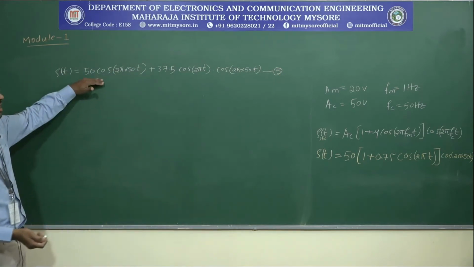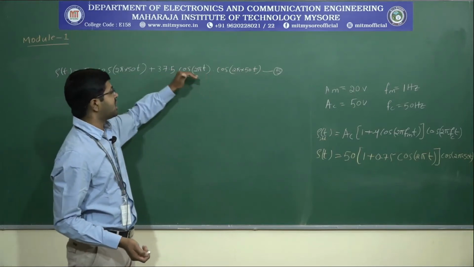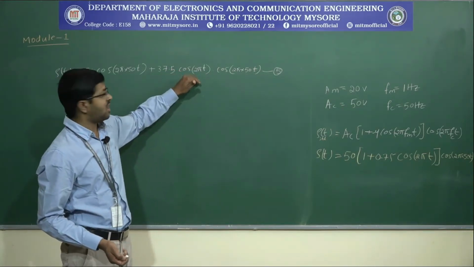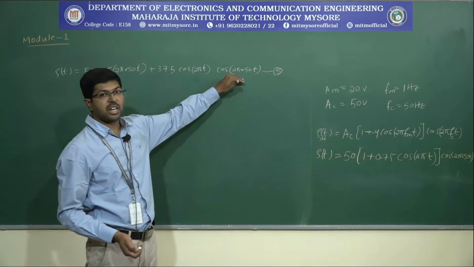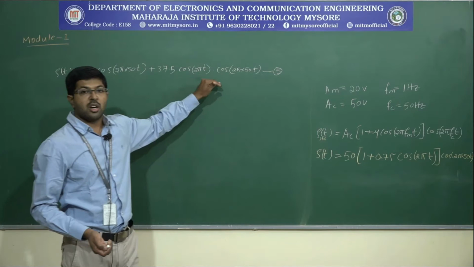Here this is the independent term. This term has two components, one of message signal frequency and another one of carrier. So we need to expand it by using trigonometric relations.